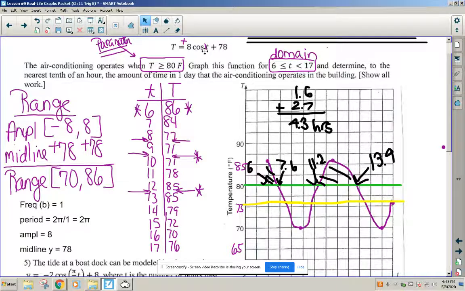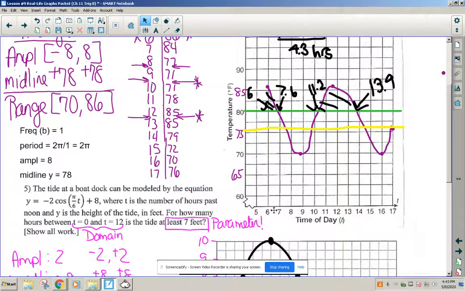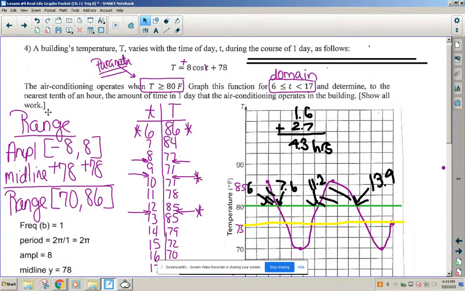So the frequency, again, was 1. I highlighted it, but here it is. I wrote it out. And the period is going to be 2 pi. Now, again, this is the real world, so they had us labeled with numbers. And this is why you would want to be able to use the calculator so that you can get yourself through all these different problems.